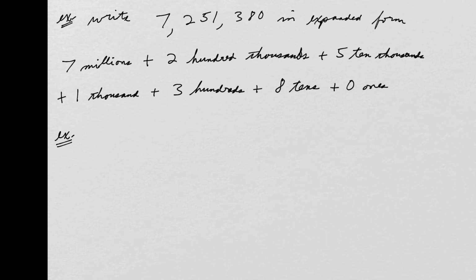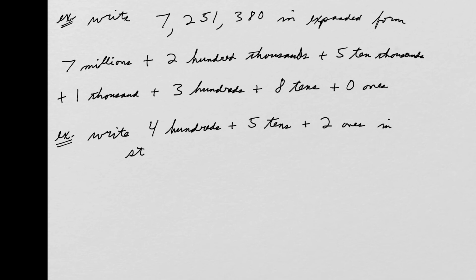Okay, so let's say I give you, write 400s plus 5 tens plus 2 ones in standard form. Then of course this is simply going to be 452, right? 400s plus 5 tens plus 2 ones.